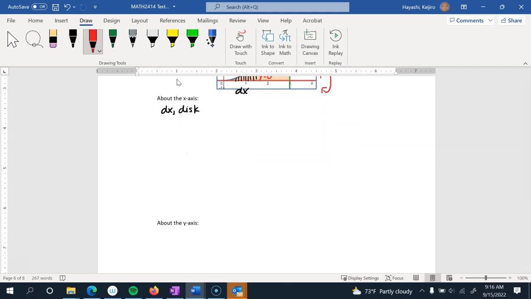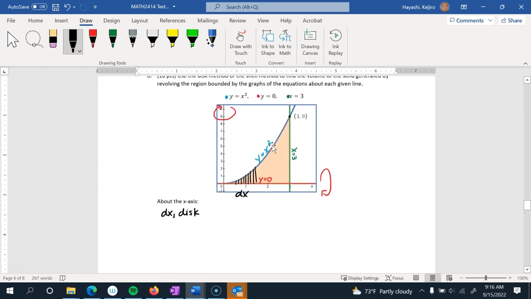So around the x-axis is going to be disk if you do it dx. But around the y-axis, it's going to be shell if you do it dx. So we'll just make a note of that right now.